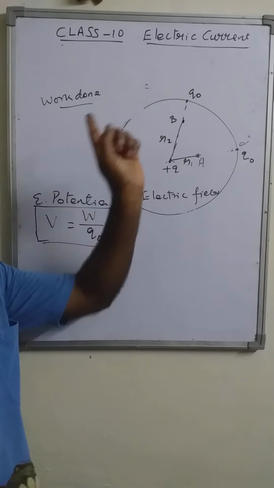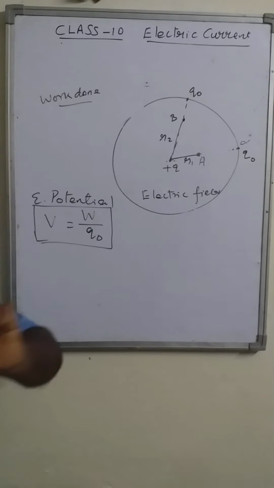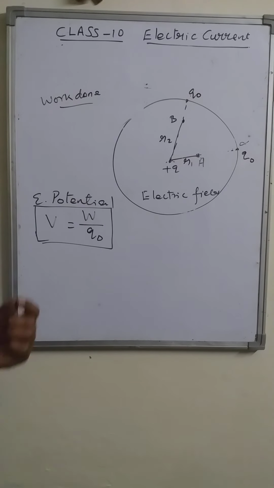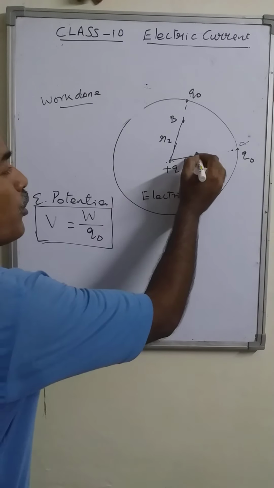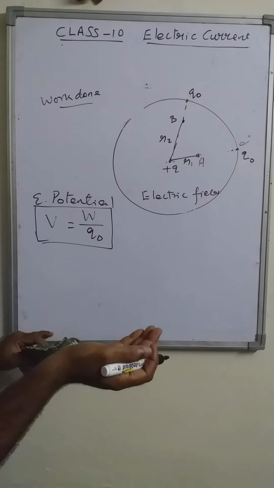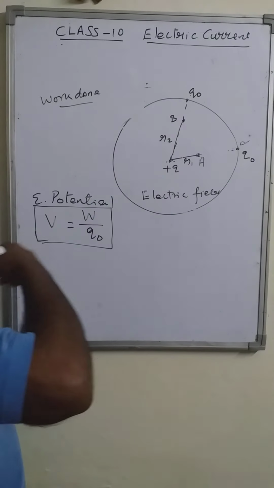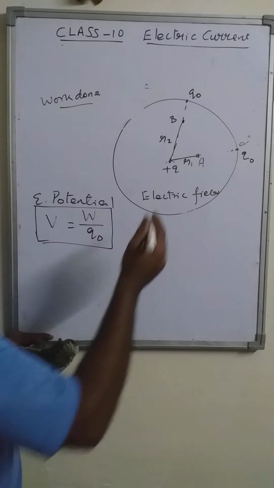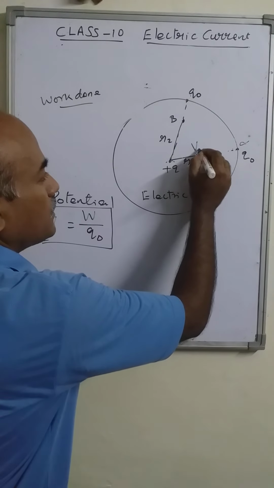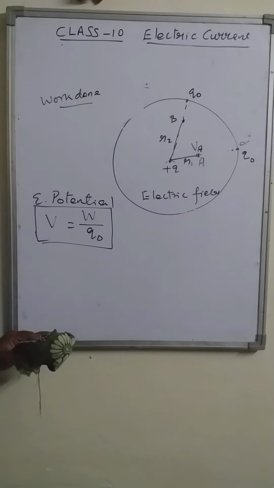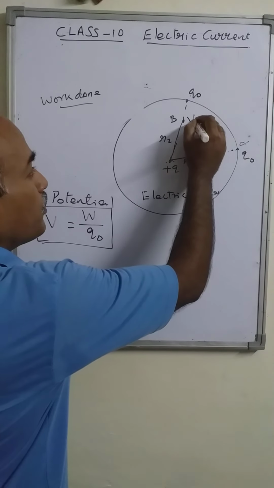From infinity to this point, some other work is done. It is not the same. So it directly means that at point A there is some potential, and at point B the potential is somewhat different.